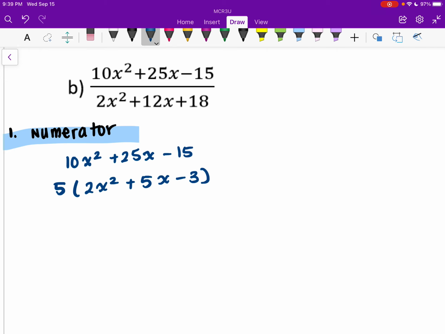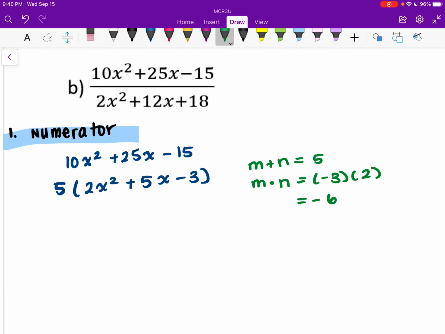Now I'm going to focus on what's just inside the bracket. I need to find two numbers that when you add them together give me that middle term, which is 5. And when you multiply them together, now you need to remember, because this has a 2 in front of the x squared, it's a complex trinomial, right? So I need to find two numbers that multiply to give me negative 3 times 2, which is negative 6, but add to give me positive 5.